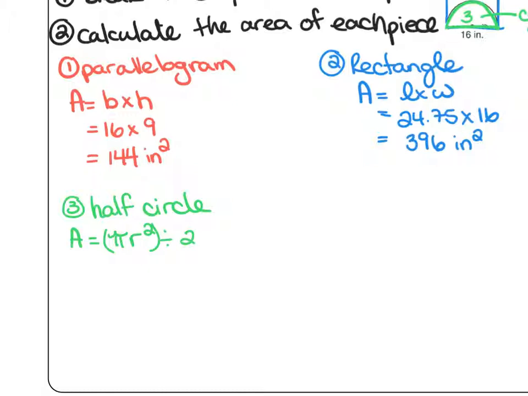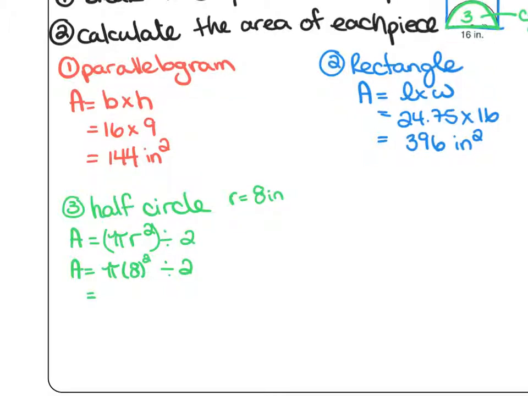So we'll find the area of the whole circle, and then divide it by 2. R is our radius, and since the whole diameter is 16 inches, half of that is our radius, which is 8 inches. So area is pi times 8 squared, and we're going to divide the whole thing by 2.